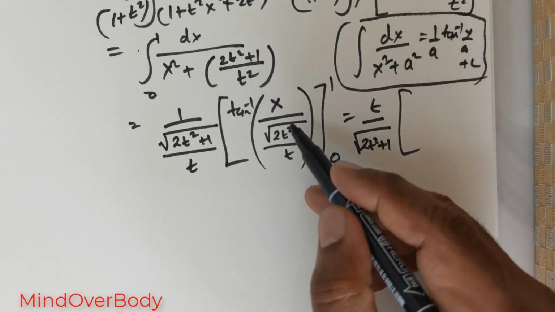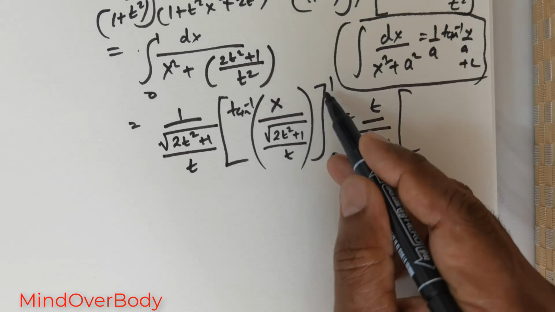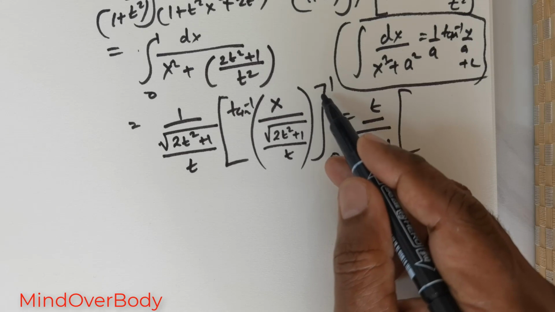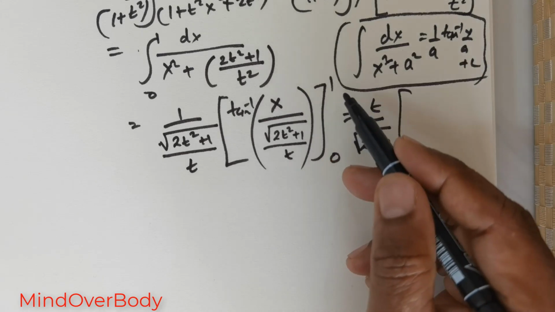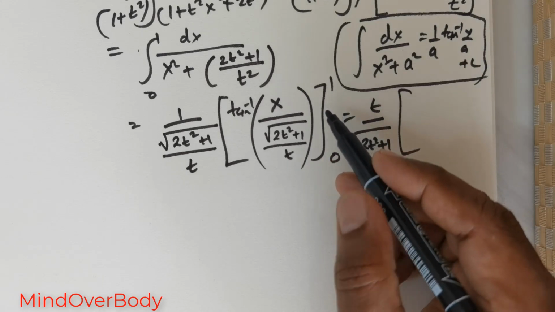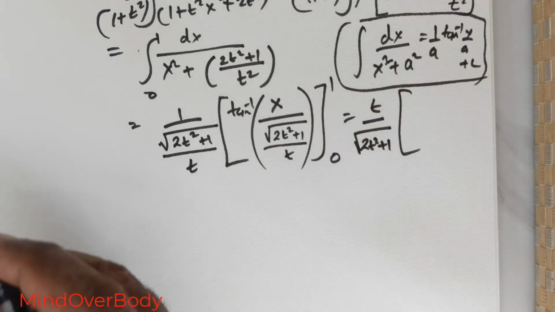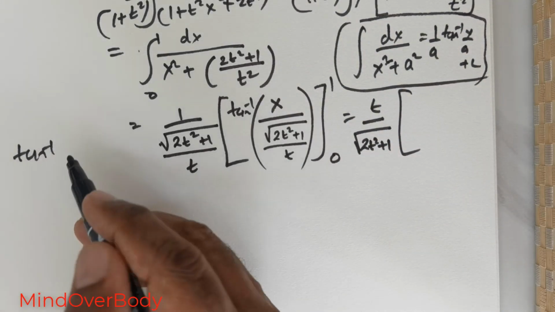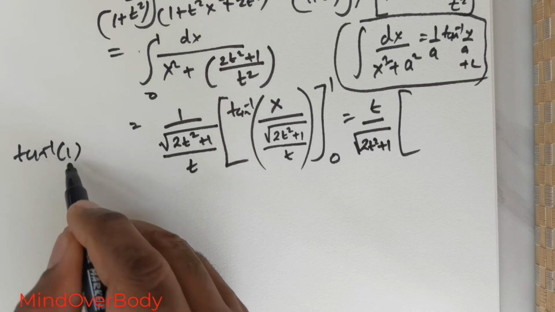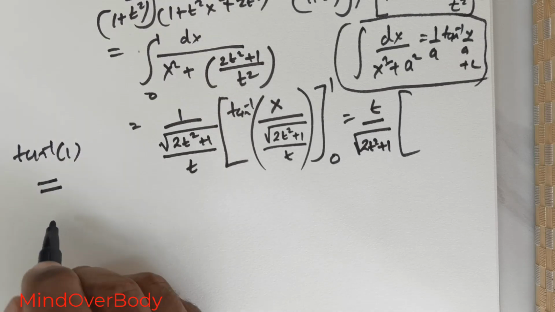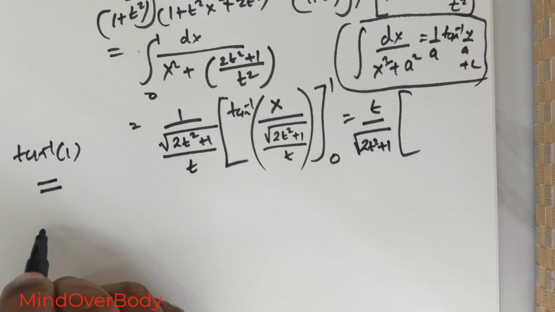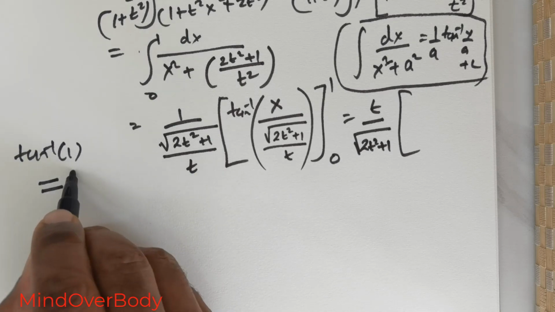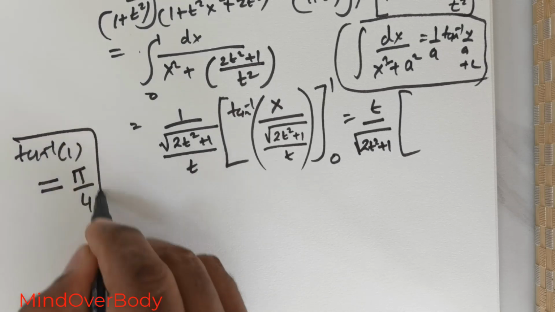The lower limit is not going to have any impact at all, but tan inverse of 1 will definitely have an impact, right? So tan inverse of 1 would produce what? Let me show you that. Tan inverse of 1 is equal to pi divided by 4.